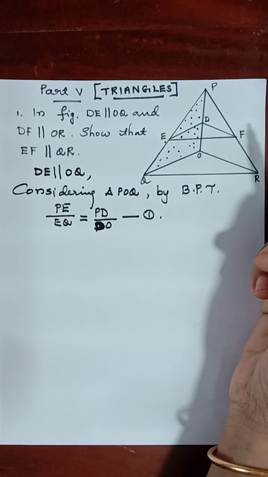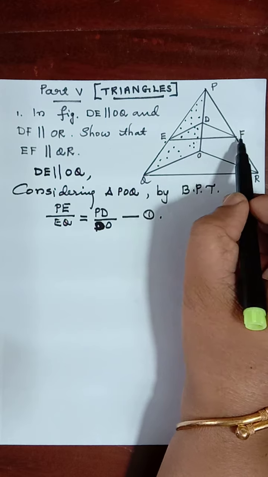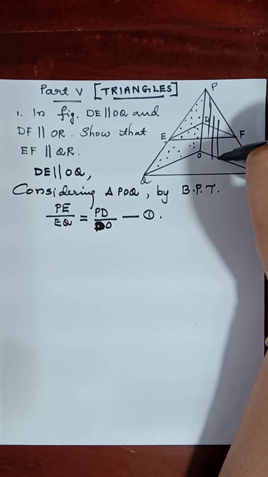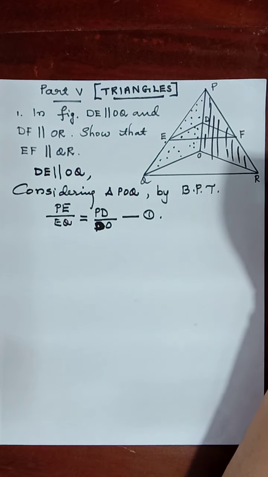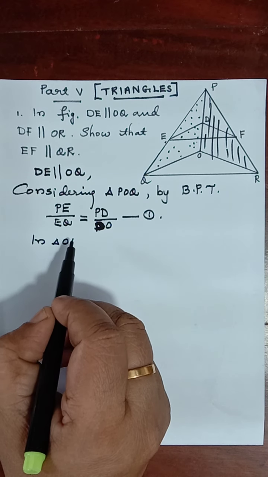Now, similarly, it is given that DF is parallel to OR. So which triangle will we consider? We have to consider the second triangle, that is POR.